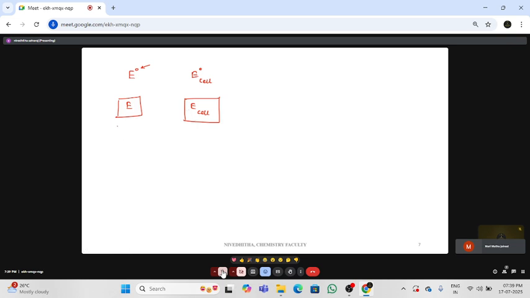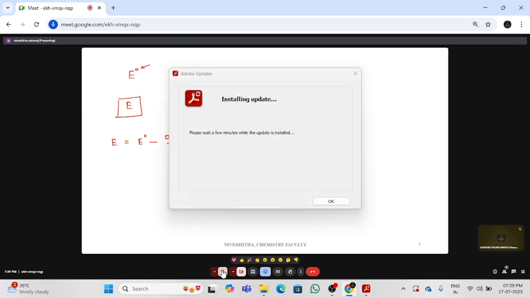Basically the formula was E is equal to E naught minus 0.0591 divided by n, log 1 by the concentration of metal ion. What is n? Last class we discussed this equation and did one problem also. n represents the number of electrons involved.